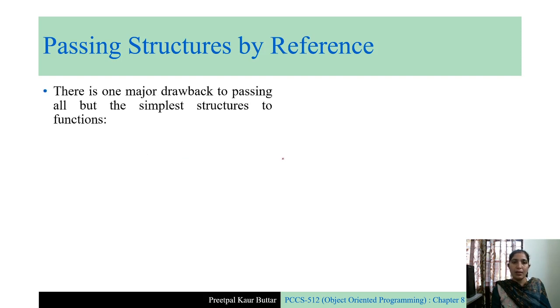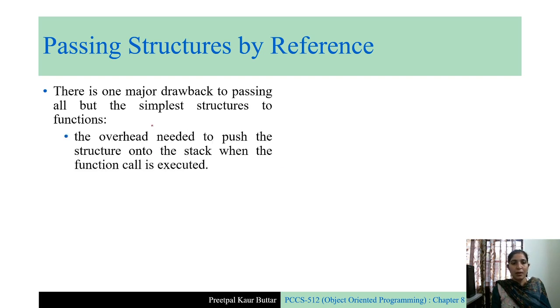And here we will discuss how to pass the structures by reference. In the previous lecture, we saw how to pass an entire structure as a value, but there is a problem in that. There is an overhead which is needed to push the entire structure onto the stack when the function is called.